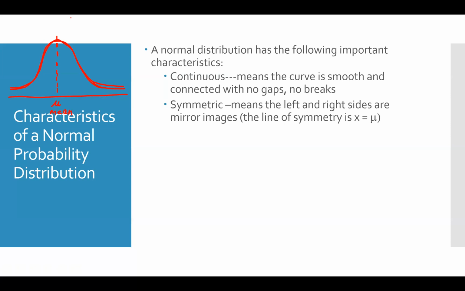And again, that line of symmetry, or that imaginary line that I've drawn there, occurs at the value for the mean. We learned in the previous course that for any graph that is symmetric, the mean, the median, and the mode are all virtually the same value.